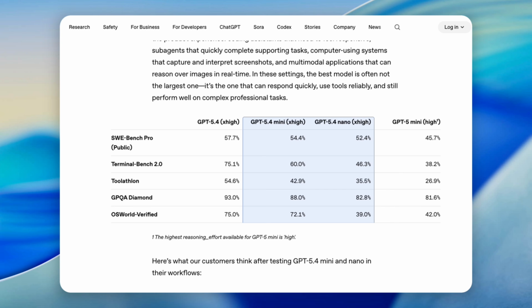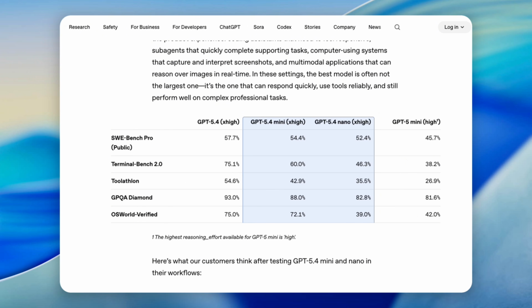On SWE-Bench Pro, which tests real-world software engineering tasks, GPT-5.4 Mini scored 54.4% compared to the flagship model, which sits at 57.7%. That's a pretty small gap for a model that costs a fraction of the price and runs at a way higher speed.